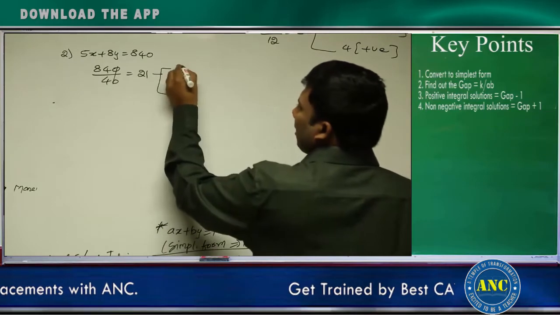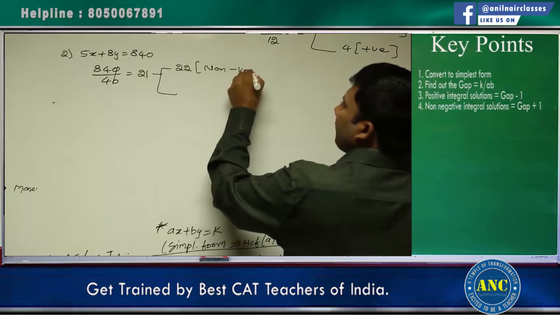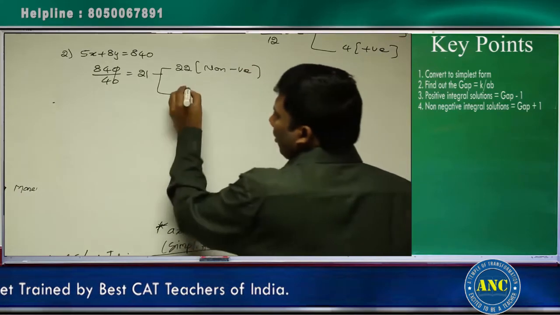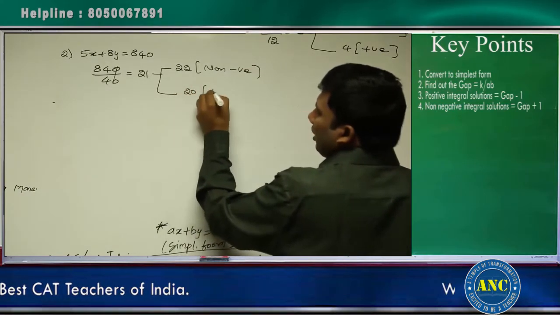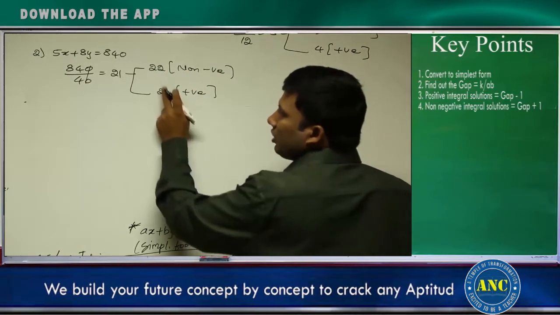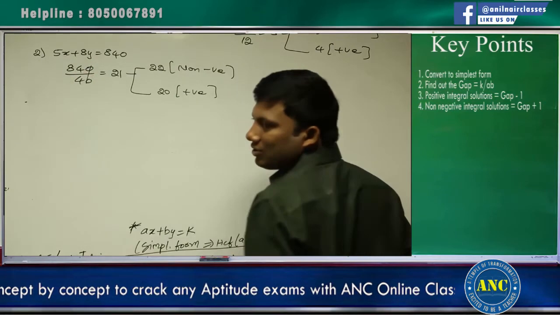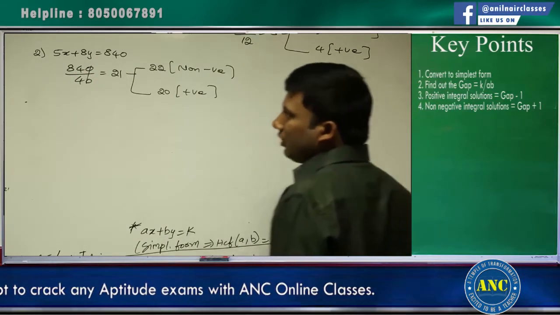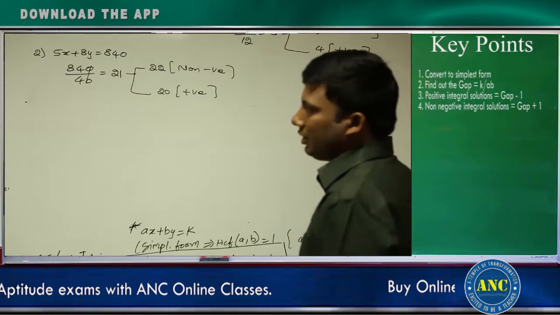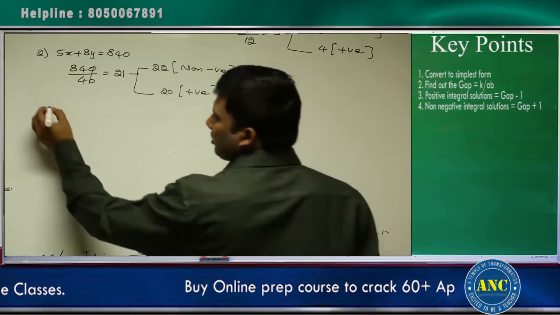If 21 gaps are there, how many non-negative solutions will I get? 22. And how many positive will I get? 20. The difference between positive and non-negative integral solutions will be 2. Why? Because here y can take 0, here x can also take 0. Clear? Directly we will get the answer in one step.